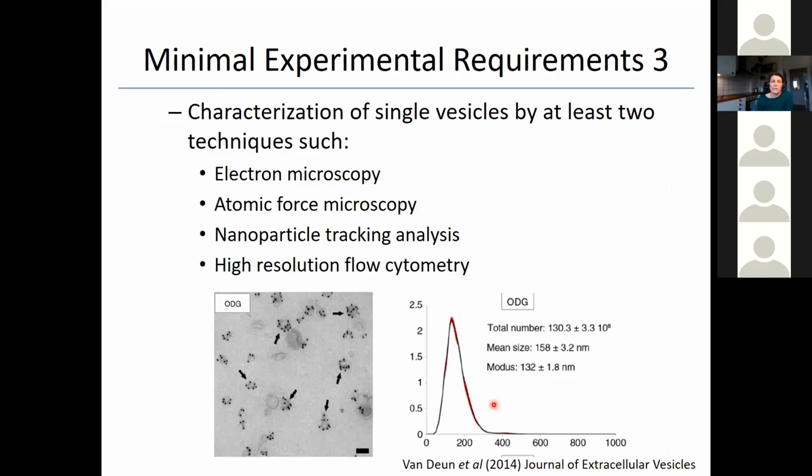So this is another thing that is in these minimal experiment requirements. It is that you should characterize single vesicles by at least 2 techniques. So for example, you can look with electron microscopy, so you actually see the vesicles, or you can use nanoparticle tracking analysis, where you can measure the concentration and the size and see that the size is within the size of vesicles.